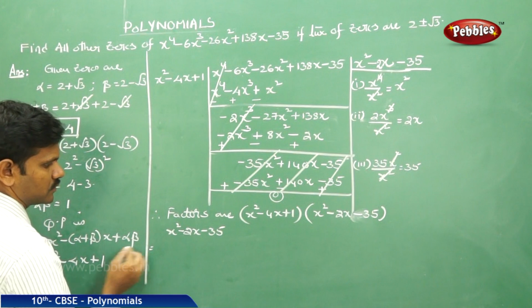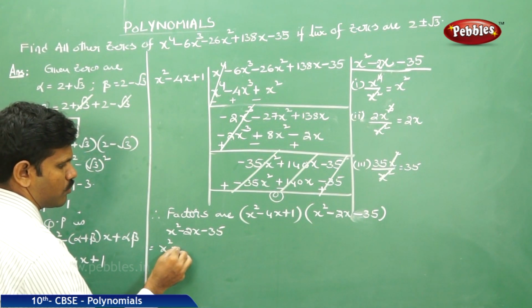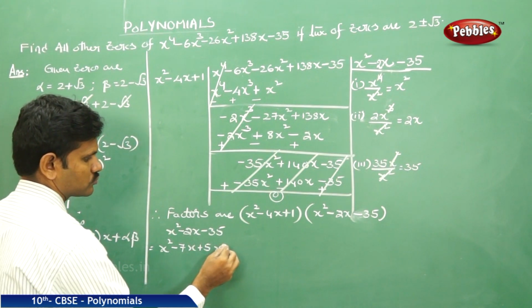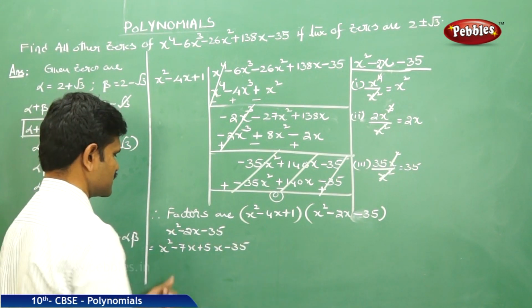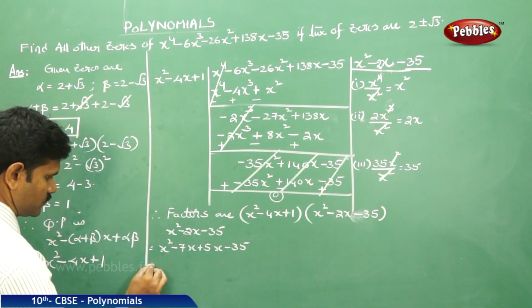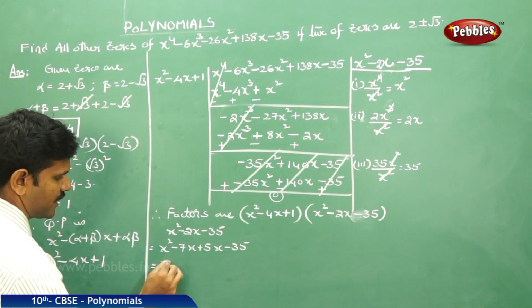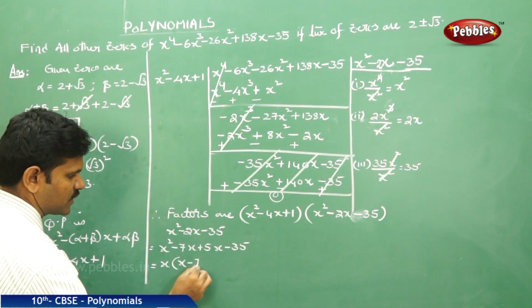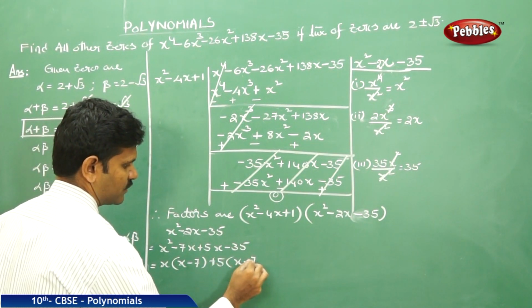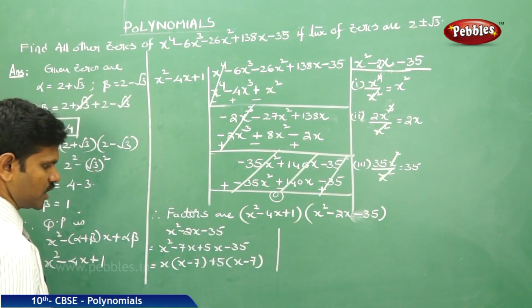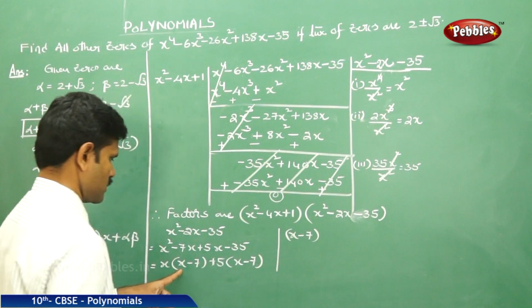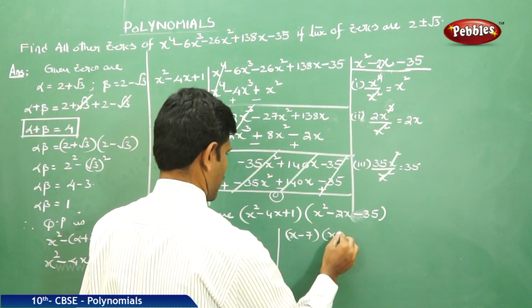Therefore the factors are x square minus 7x plus 5x minus 35. Why? Because 7 5s are 35, and minus 7 plus 5 is minus 2. Take x common, x minus 7, take plus 5 common, x minus 7. Therefore the common factor is x minus 7 and the other factor is x plus 5.